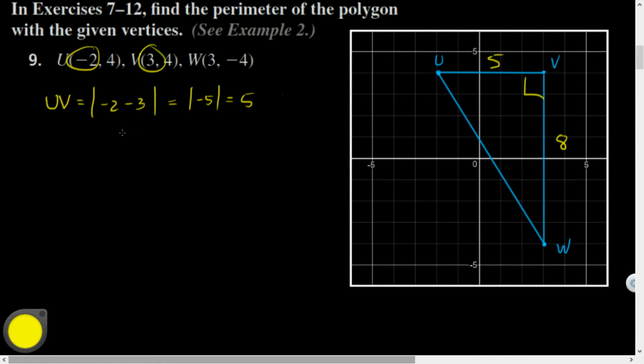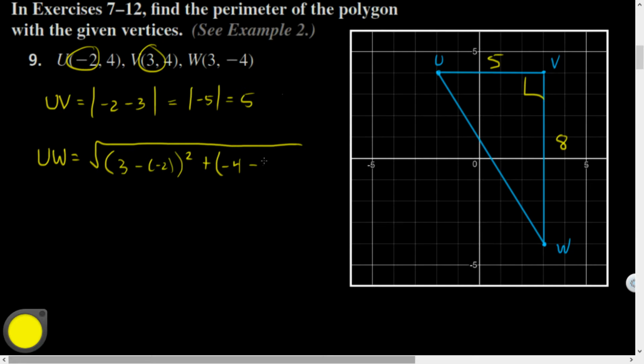And let's see. Let's find UW, and let's see how accurately I can do the distance formula. So this point and this point. So x2 minus x1, 3 minus -2, all squared, plus y2 minus y1, all squared.